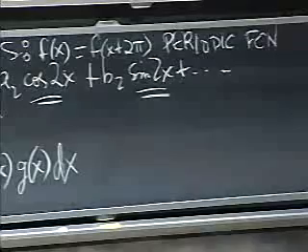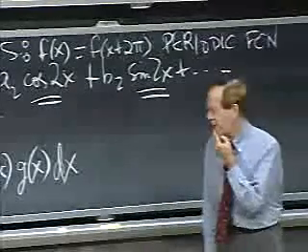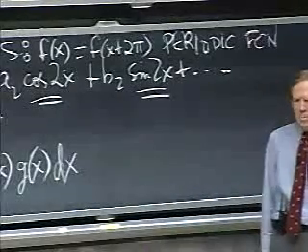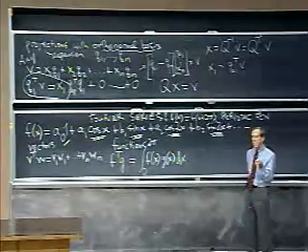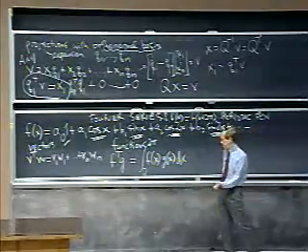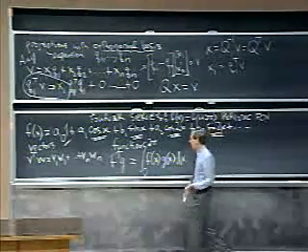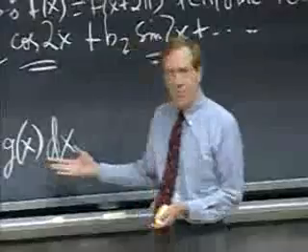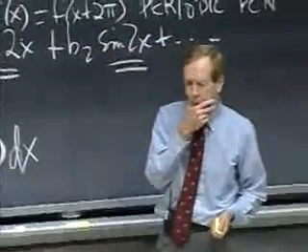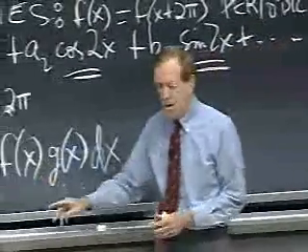Okay. So now I've got all the right words. I've got a vector space, but the vectors are functions. I've got inner products, and the inner product gives a number. It just happens to be an integral instead of a sum.